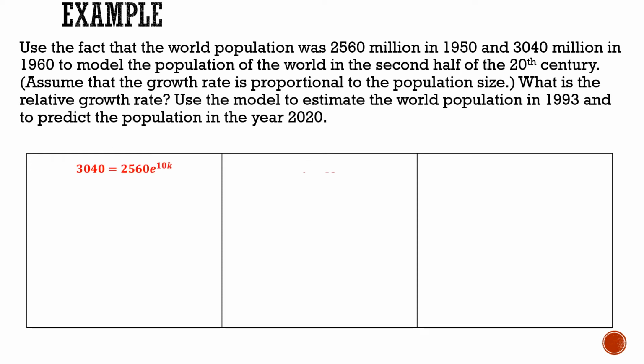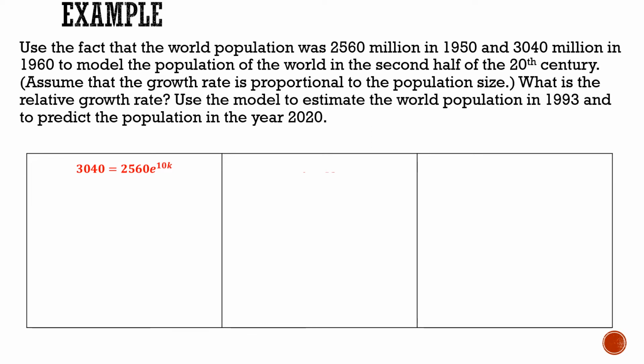All right, so the first thing I'm going to do is set up a little equation for the information I know. I know that the population in 1960 was 3040, so that's my final population. I'm going to set 3040 equal to my initial population, 2560, e to the 10k, since 10 years passed between 1950 and 1960.